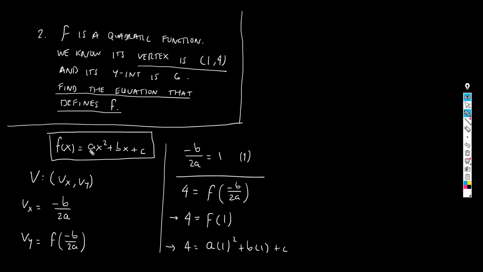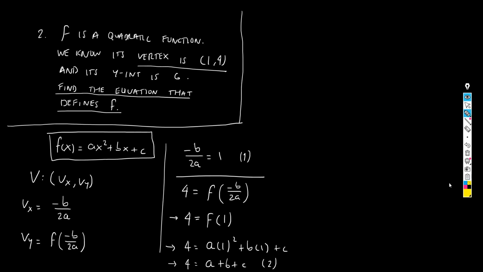If f of x is equal to all of this, then f of 1 will be equal to all of this with the substitution of 1 in those places. And if you can see, we have another equation. If we clean it up a little bit, we have 4 equals a plus b plus c. Let's label it equation 2.